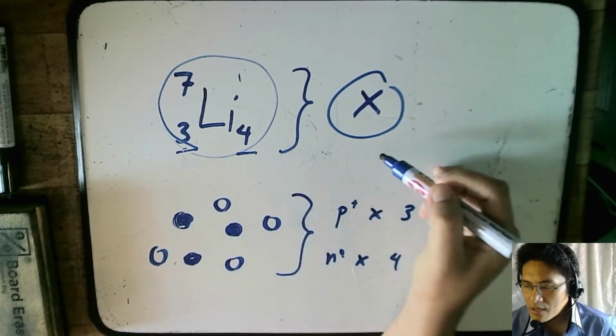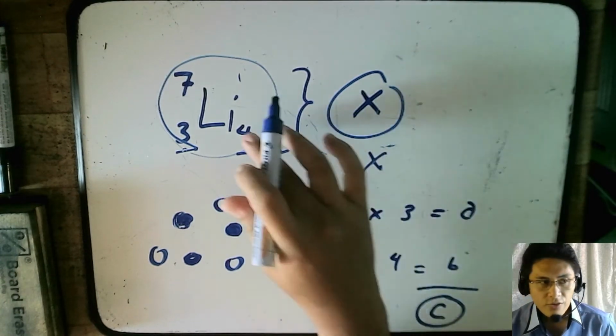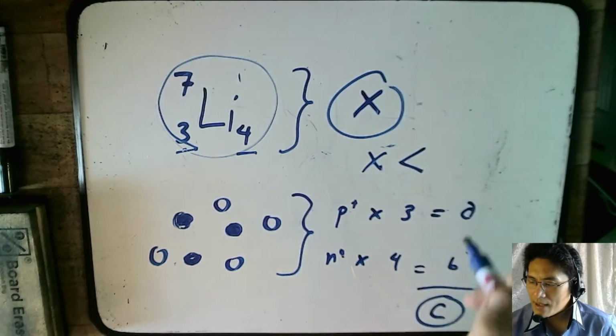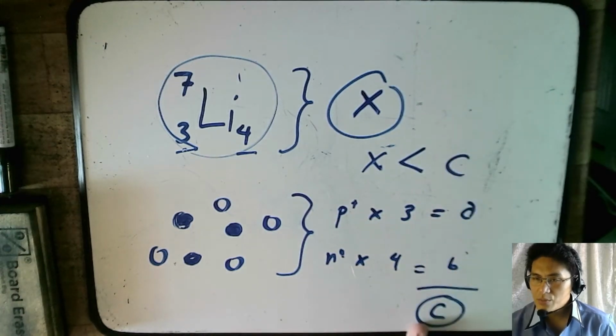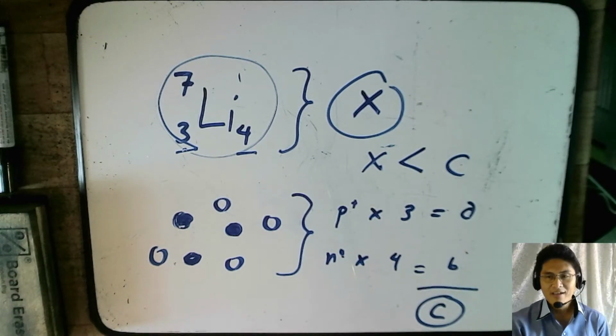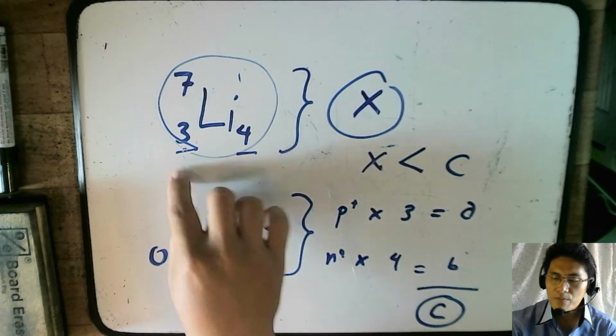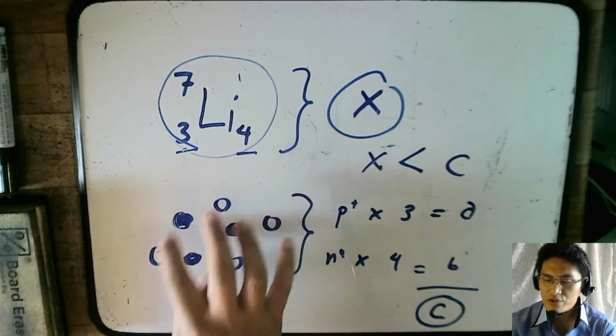So again, it's weird that when we look at this in the lab, this actually has a smaller mass than this. Let me reiterate for those of you who haven't realized it yet: lithium 7 is just made up of 3 protons and 4 neutrons.